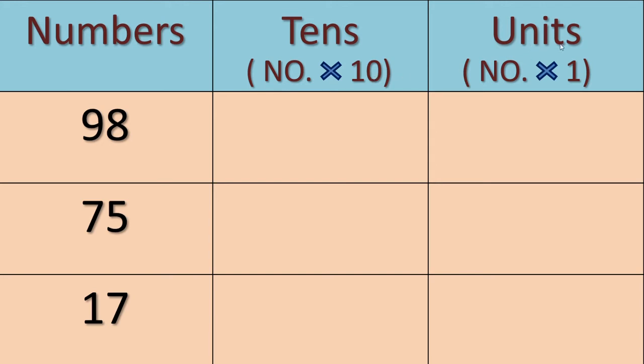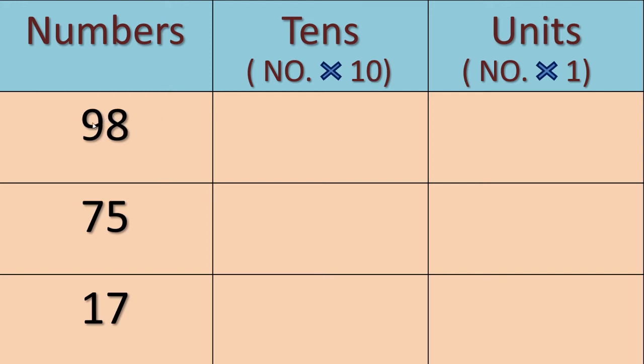And the last one is unit column. Here number multiplied by 1 because unit means single. So we are multiplying the unit number by 1 and the tens number, means the number which is in tens place, that we will multiply by 10. Okay, we will go through this.